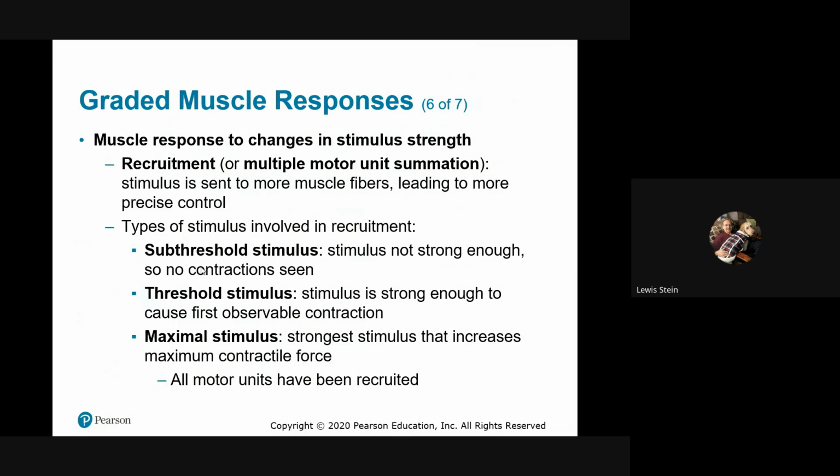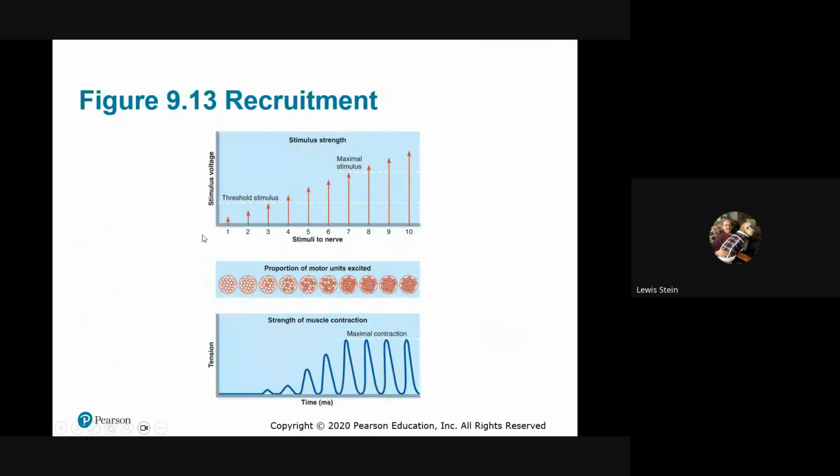Now, why don't we just make a stronger signal? Okay. And the graph shows it better. If we don't reach threshold, nothing's going to happen. That's an end plate potential. Nothing. There's no fiber that's going to respond. Once we reach threshold, we'll have a fiber or two respond. As we gradually increase the amount of voltage, the power, once we reach maximum, where all of those motor units have been activated, the fact that we increase it more over that maximal stimulus level has zero effect.